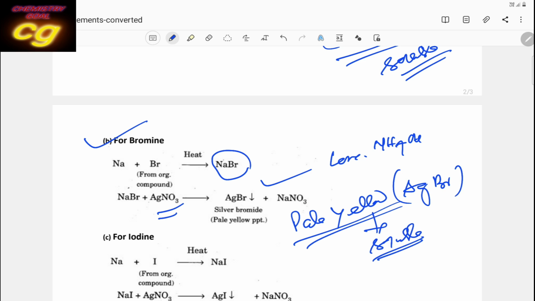So by adding dilute ammonia solution there is no change of the pale yellow precipitate, but when you add concentrated ammonium hydroxide solution, the pale yellow precipitate dissolves. That gives more confirmation of the presence of bromine in the organic compound.